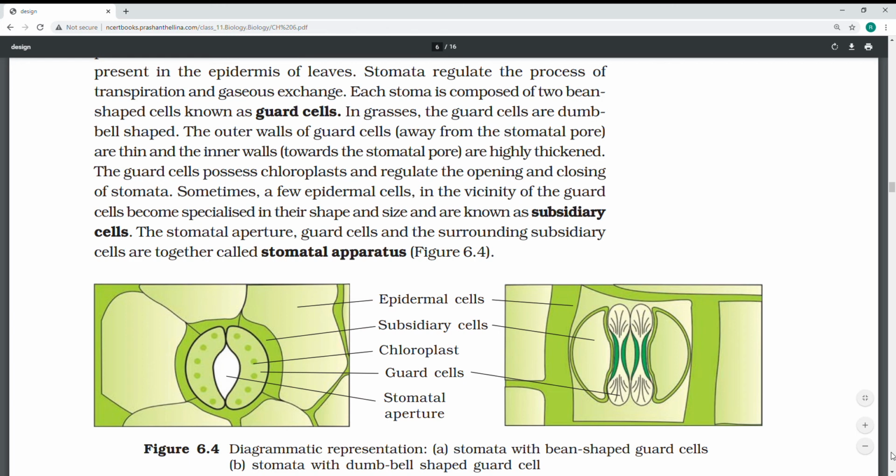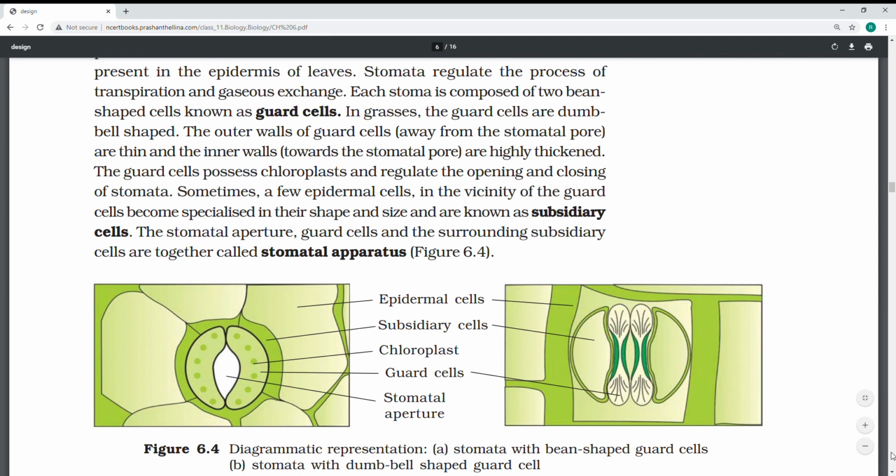But in grass, these stomata are dumbbell shaped. The opening and closing of stomata depend on factors affecting the guard cells.